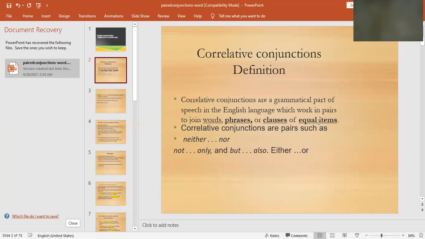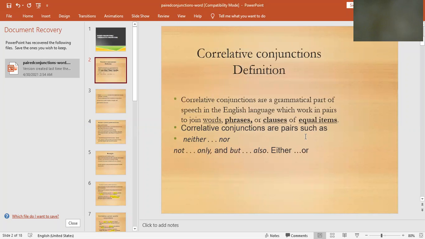Two words should be of the same part of speech: adjective, adjective, noun, noun, adverb, adverb. And also phrases, clauses. Both sides of the pair of conjunctions should have phrases. You cannot have a phrase and a clause, or a word and a phrase, or a clause and a word. You'll see the examples later.